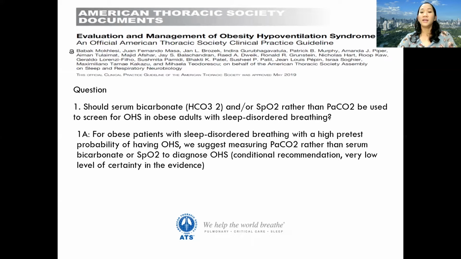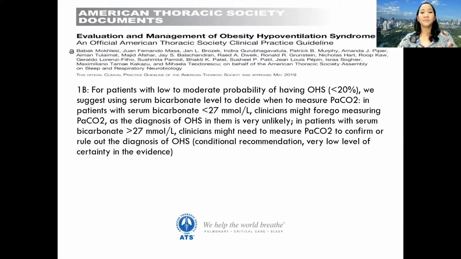The recommendation is that in patients who have high pretest probability of having OHS, they suggest measuring PaCO2 from the blood gas rather than measuring serum bicarbonate or oxygen saturation levels.